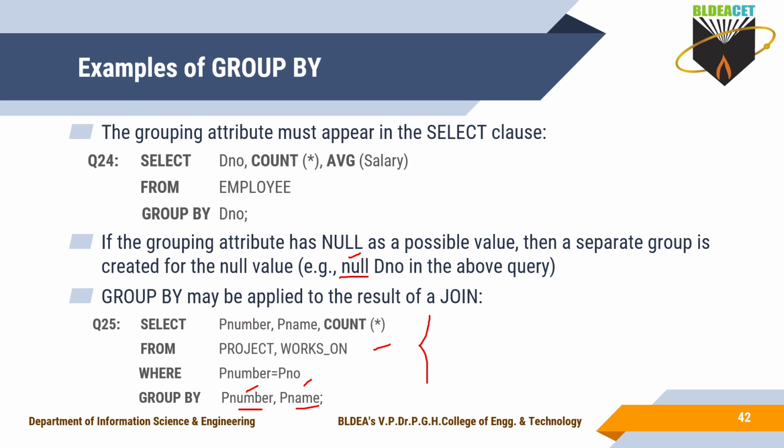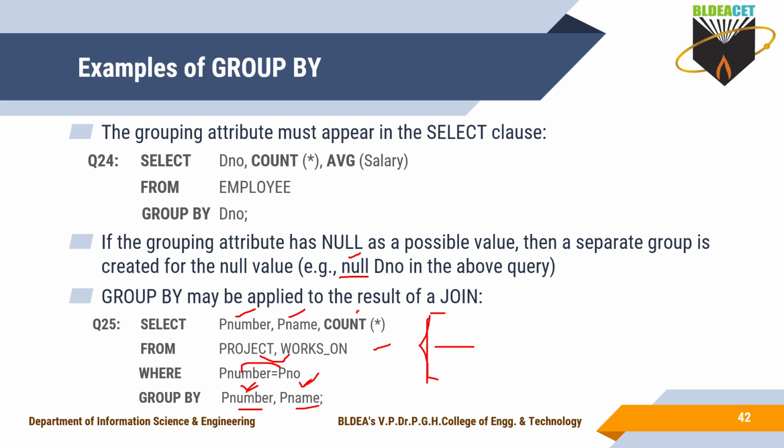As I told earlier, the attributes specified in the select clause are the ones you specify in group by. I combine the two tables, and the resultant tuples are grouped according to P number and P name, and in each project it counts how many employees work. So this is about group by.